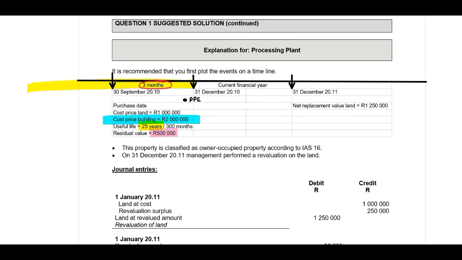Therefore, your formula will be to use your cost minus your residual value, divide by your useful life. Now, the cost will be the 2 million minus our 500,000, divided by 300 months. It's just easier if you make use of months because we only have to calculate depreciation for 3 months, times 3 months.